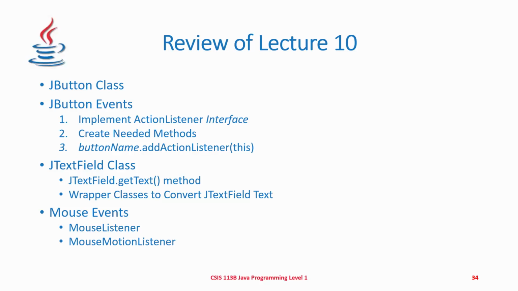It also identifies the position, but MouseMotion was just basically whether you're dragging the mouse or just simply moving the mouse. So MouseListener, MouseMotionListener, and then for the JButton, the ActionListener. Remember, those are all interfaces. Those must be implemented into your class to have the ability to actually override the methods that you need for whatever activity is going on in your program.